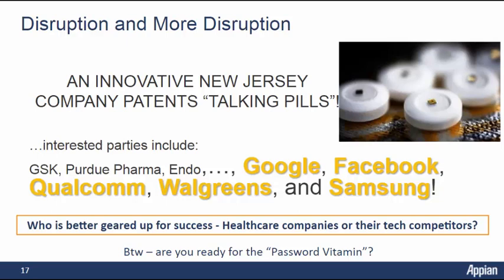Now, that patent, interestingly, was, of course, sought out by companies like GSK, Purdue, Endo. But here is the real key. Google, Facebook, Qualcomm, Walgreens, Samsung, all are vying to get the rights and license to the patent. What are they doing in our space? These companies, and you can also add Apple on this list, are now entering the healthcare and the pharma space.